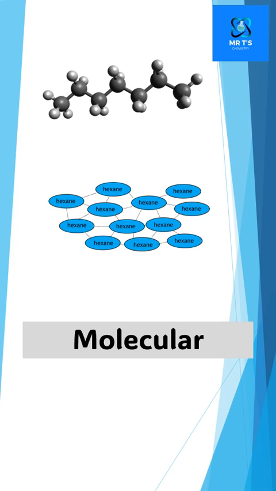This here is a molecular substance. Now we have to be careful when thinking about this. Each hexane discrete particle here is actually this chain of carbon atoms. The bonds within the carbon atoms are strong covalent bonds. However, the bonds between each of these molecules are weak intermolecular attractions, and they're the ones we're interested in.